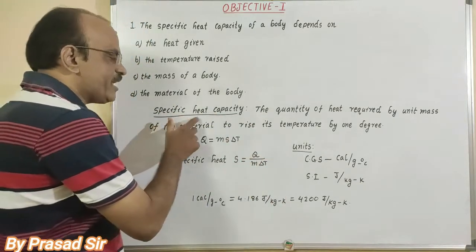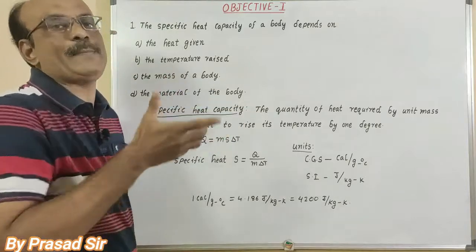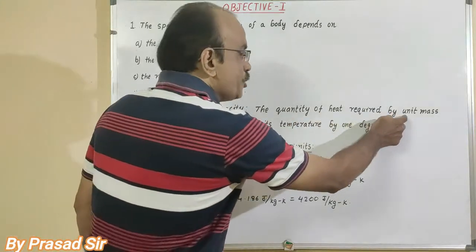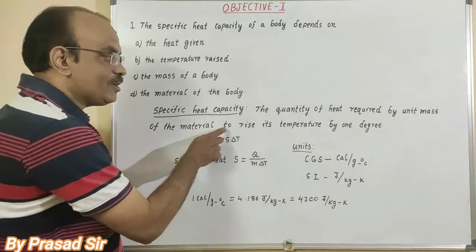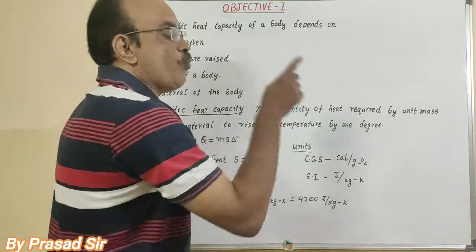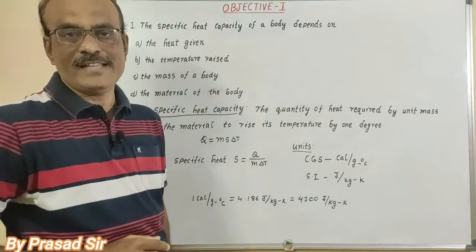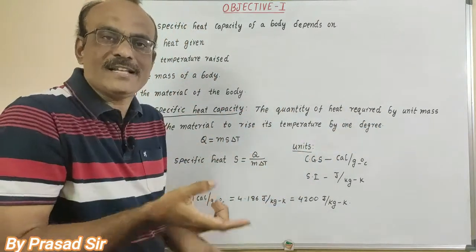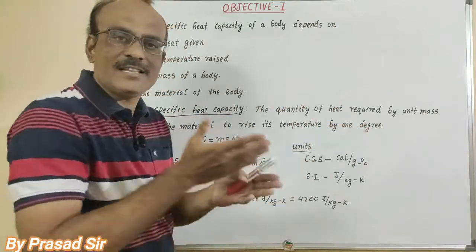That is specific heat capacity or specific capacity. Here the quantity of heat required by unit mass of the material to raise its temperature by 1 degree centigrade. That means unit mass and 1 degree. Unit mass is nothing but 1, and 1 degree is nothing but 1.